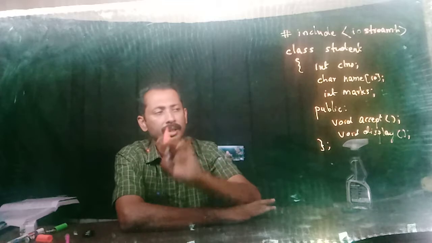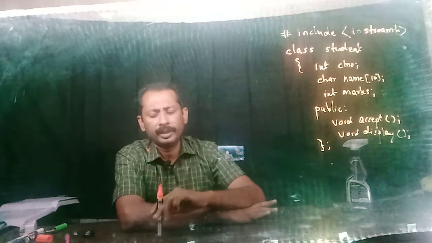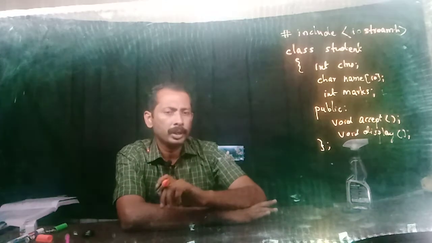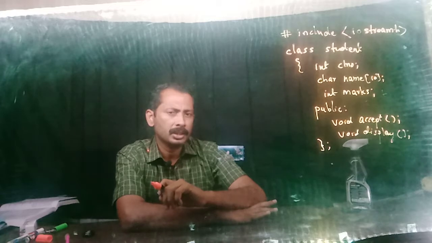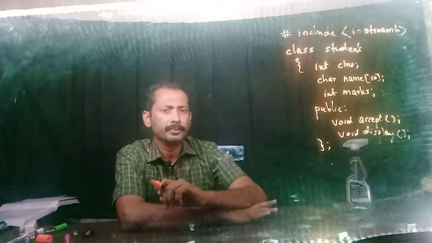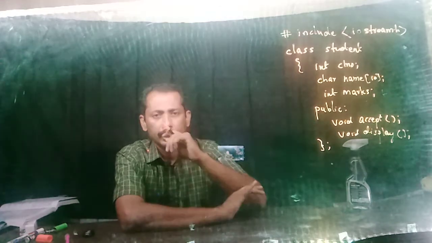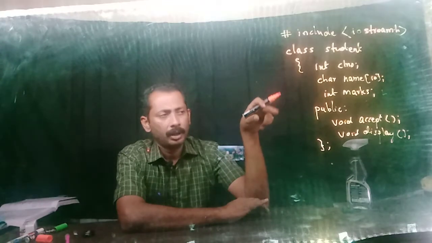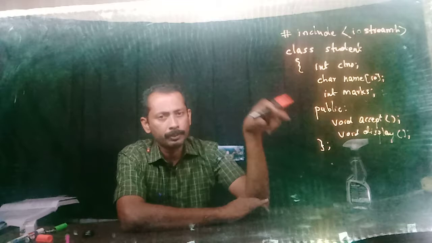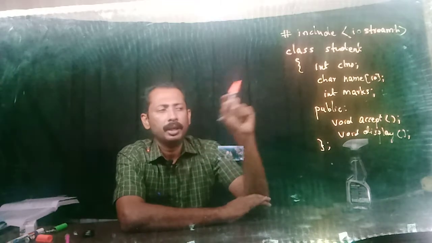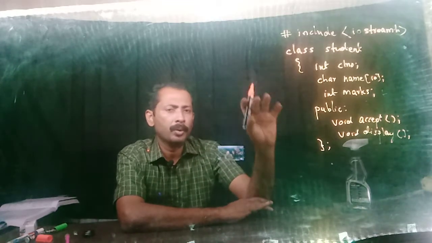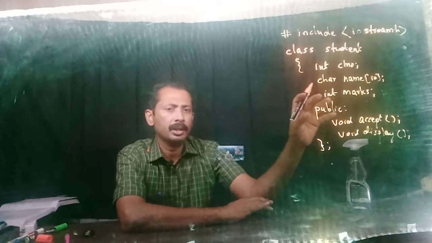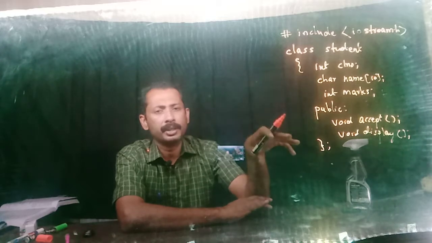We know inline functions. Inline function means the body of the function gets substituted at the calling place. In a normal function, the execution is transferred to the function, and after execution it returns back to the main function. In an inline function, the body of the function is replaced at the calling place.